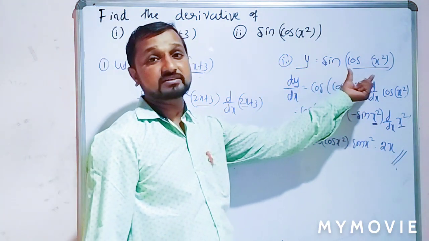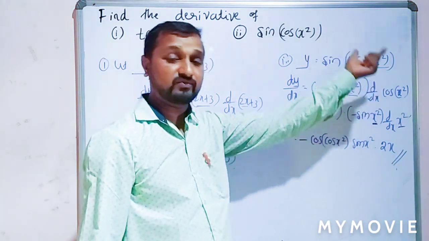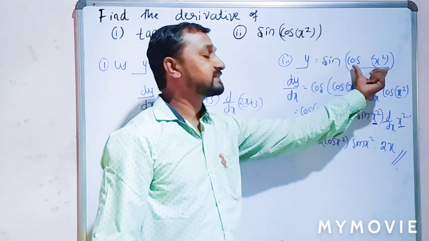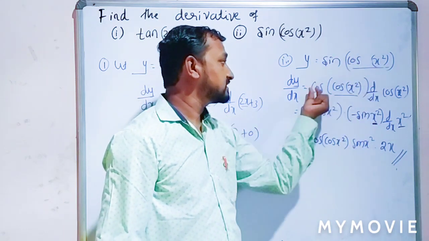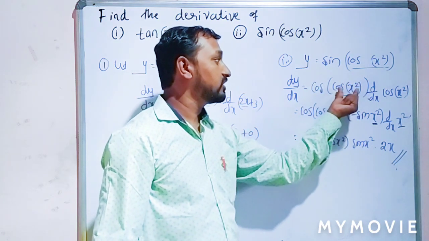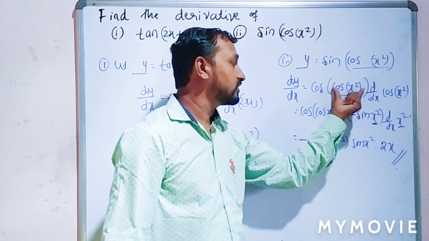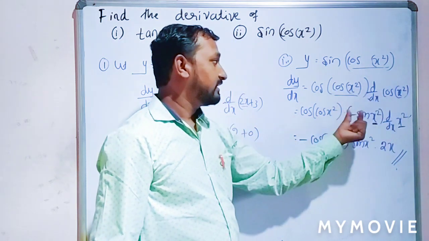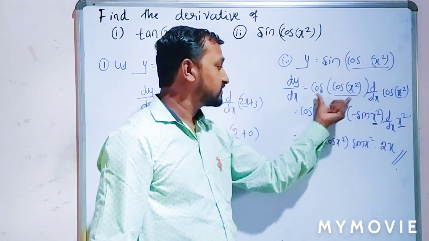Here, more than two functions, or more than three functions, more than five functions are there. So our procedure should be the same. First we take sin as the standard form x. The derivative of sin x is cos x. Instead of x, what is there? The composite function. Differentiate this composite function, d by dx of cos x square. Then again, keep this function as it is.